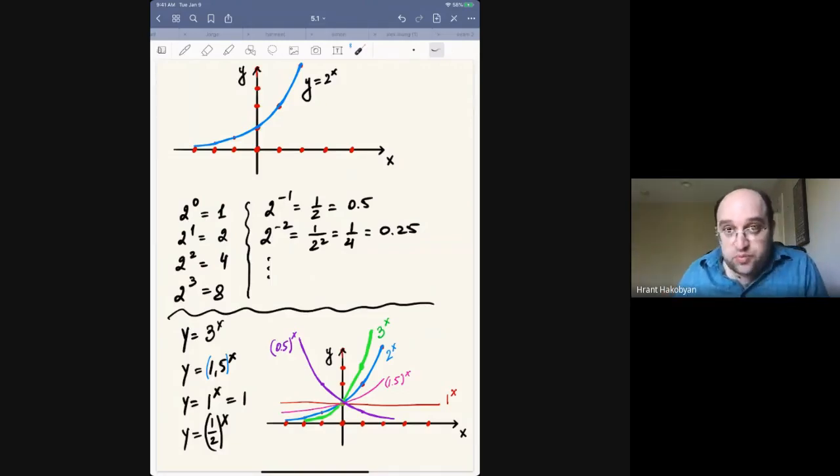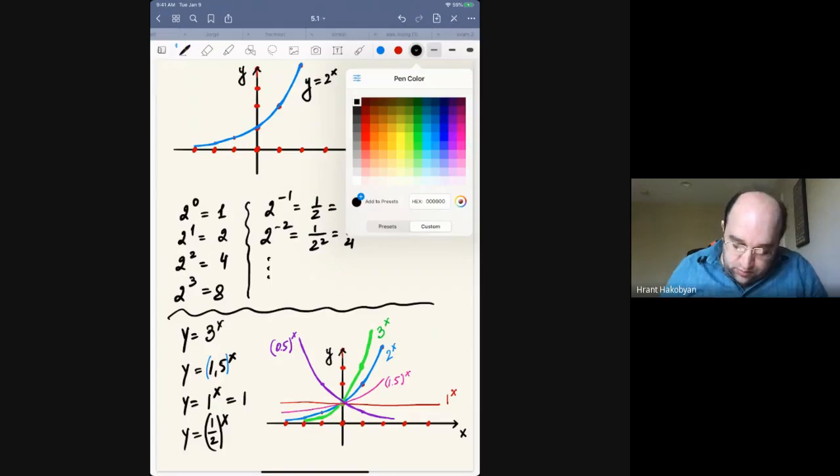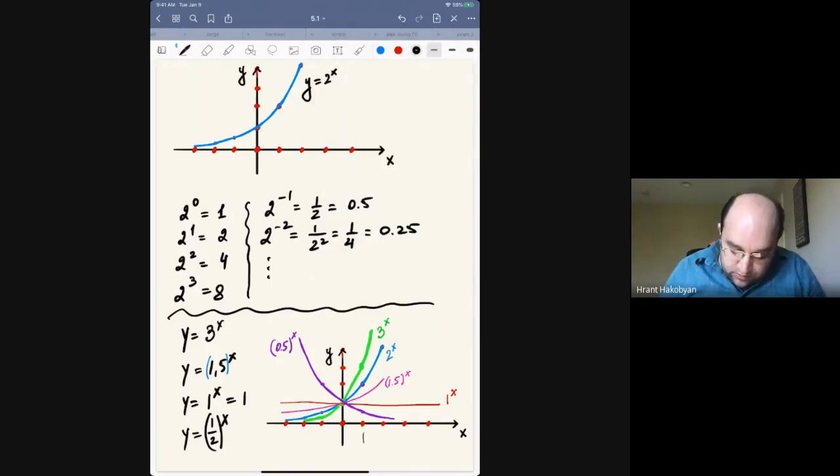The reason people talk about exponential growth is that exponential functions, like 3 to the power x, 2 to the power x, or 1.5 to the power x, grow really, really fast. For instance, in this case it took just 1 unit to go to 1, then it becomes 2, then at 2 this function becomes 4, at 3 it becomes 8, so I can't really draw it anymore.